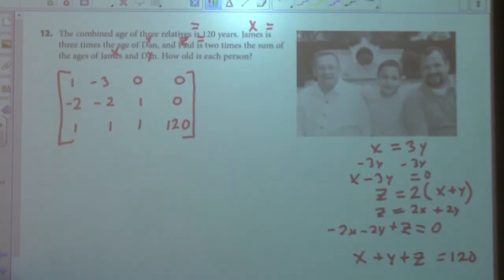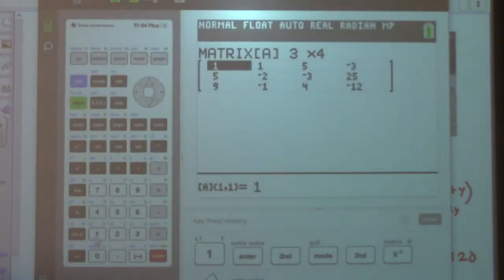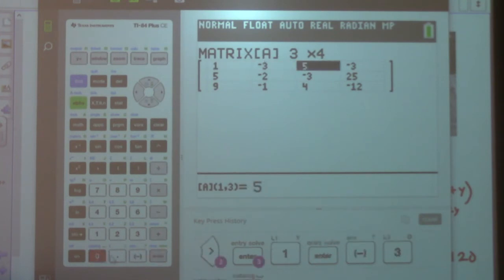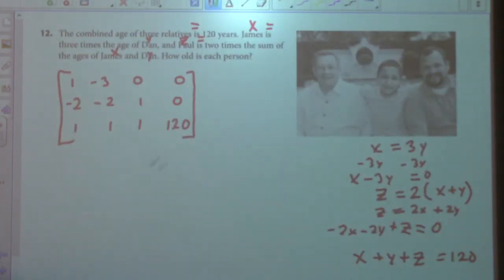So our first row is going to be 1, -3, 0, 0. So that's going to be our first row. Our next row is -2, -2, 1, 0.